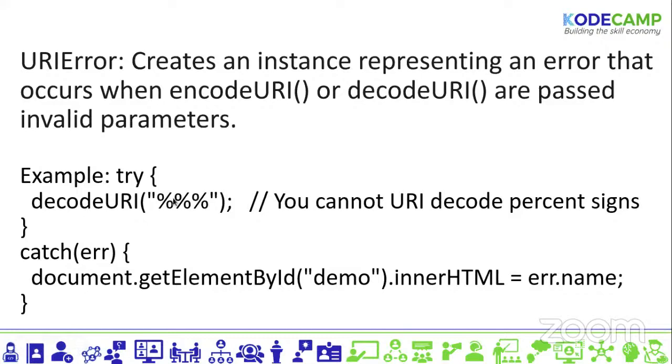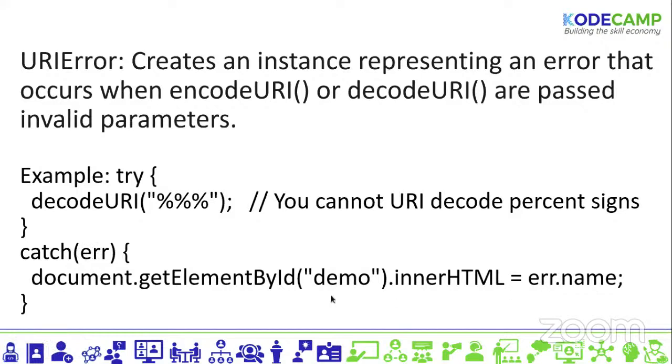You can't decode percentage symbols like this, especially when they are consecutive, like percent, percent, percent. Since you can't decode this, it will create an error, and then an exception is raised for that particular error, and it is being passed here.